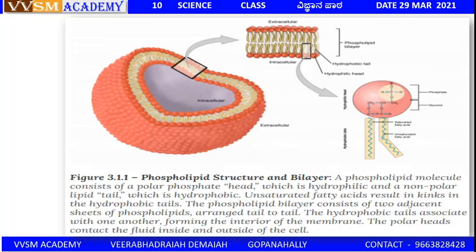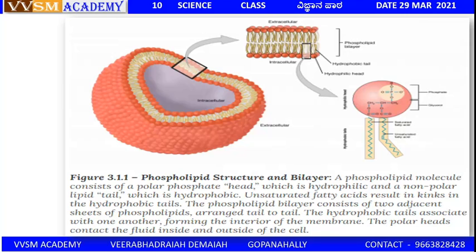Bi means two layers. A phospholipid molecule consists of a polar phosphate head, which is hydrophilic, and a non-polar lipid tail. The polar phosphate head is hydrophilic. Then the tail is called hydrophobic.